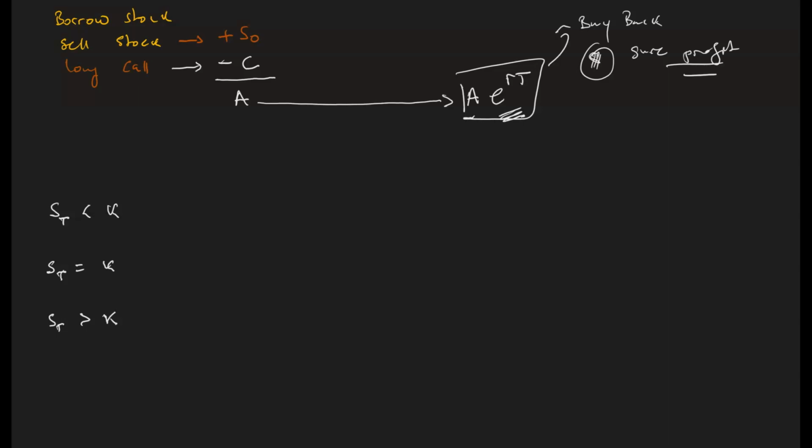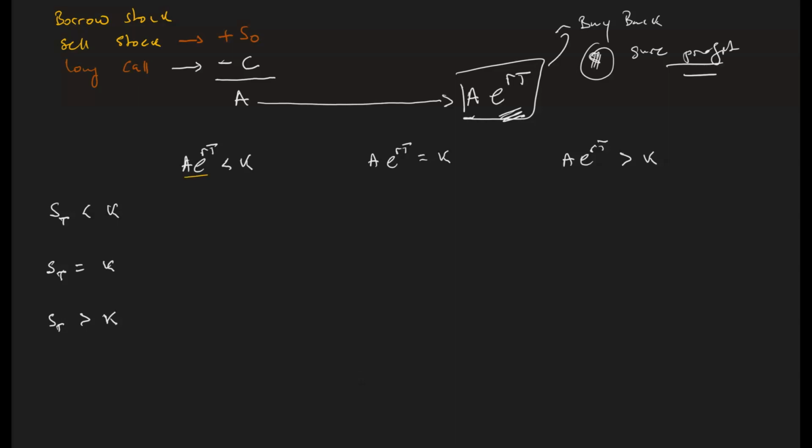And so the way we want to think about it is to say, well, is this future value A less than the strike price, equal to the strike price, or greater than the strike price? We're going to look at all these conditions, and we're going to emphasize those scenarios where no arbitrage would exist.